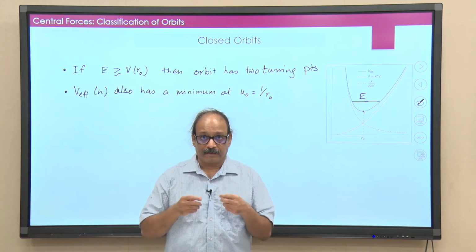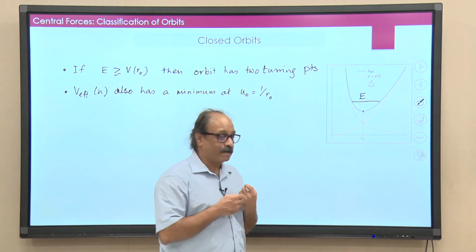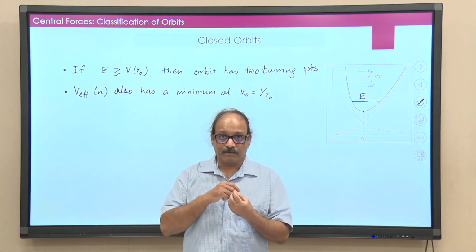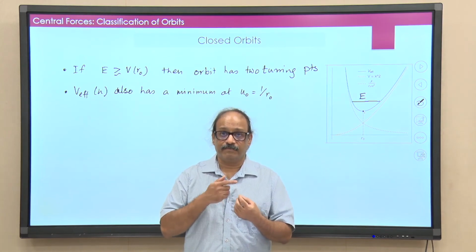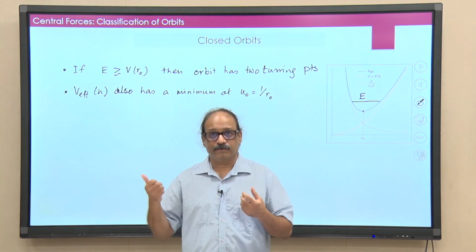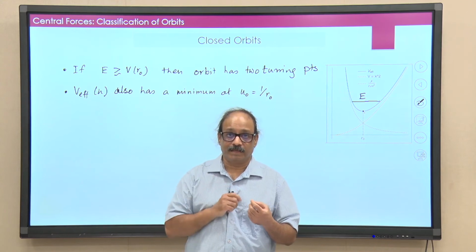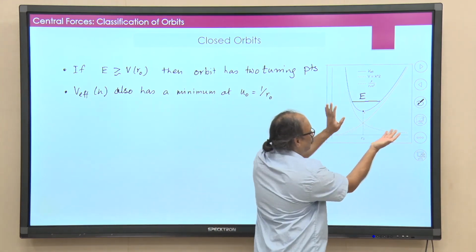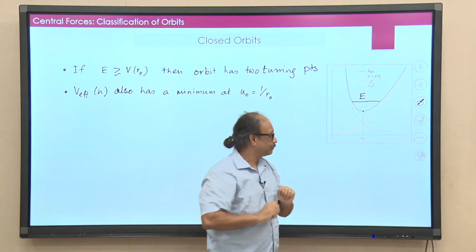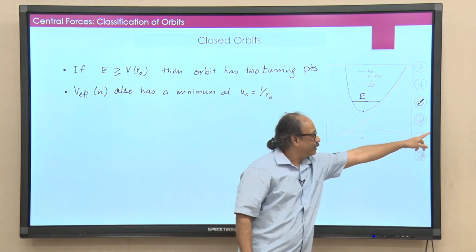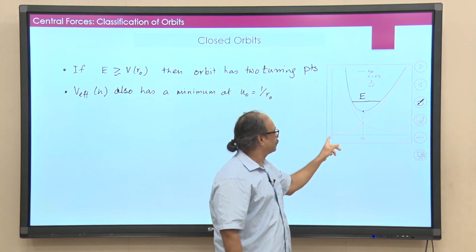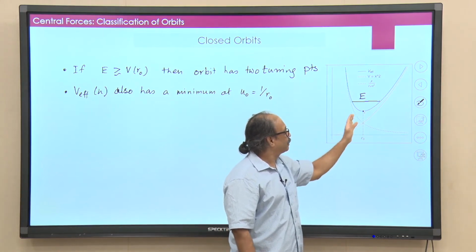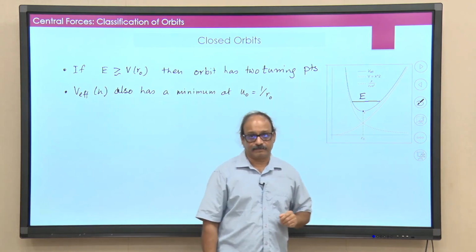So, remember u is 1 over r. So, at r is equal to 0, u is infinity, and at r is equal to infinity, u is 0. All that will happen is this graph would be turned around, and the point at infinity you have to bring to 0, and the part of the graph here will go to infinity.